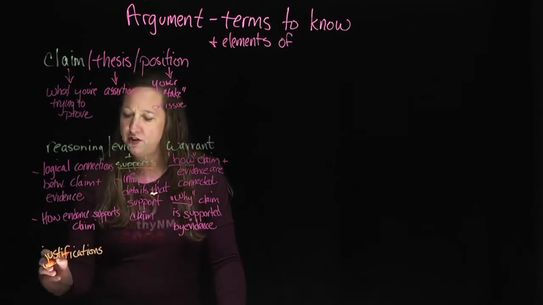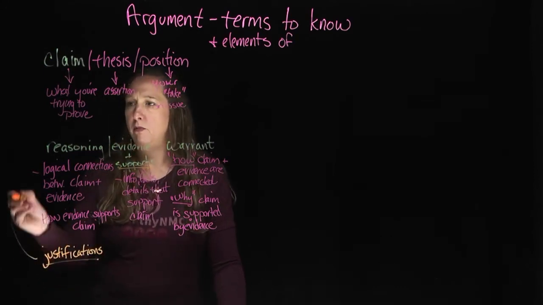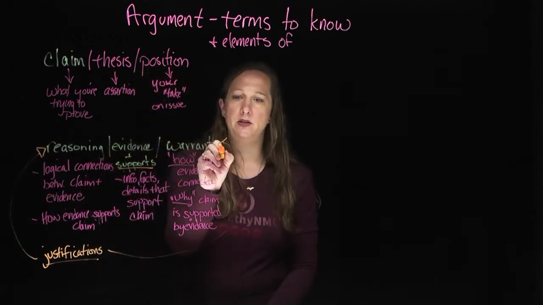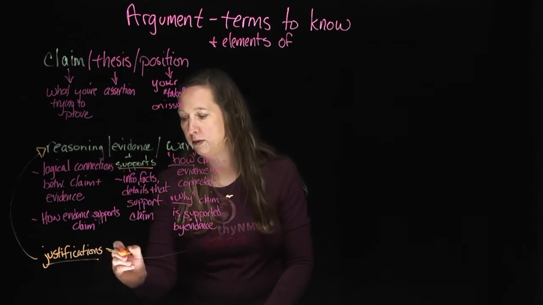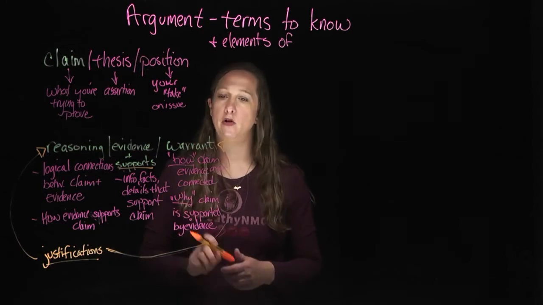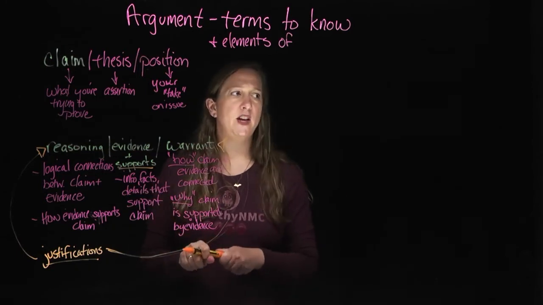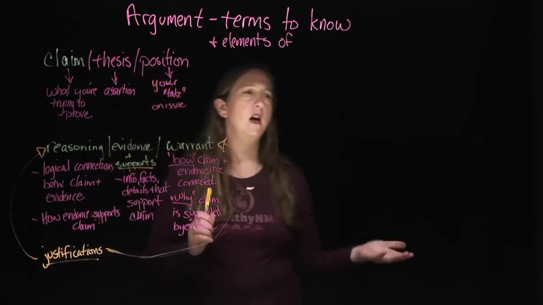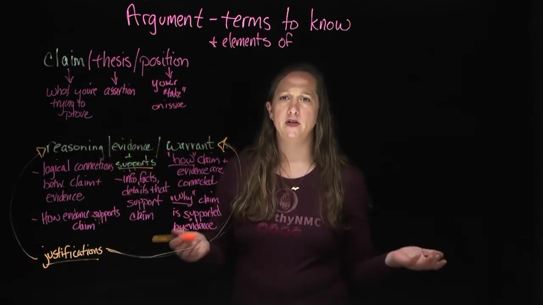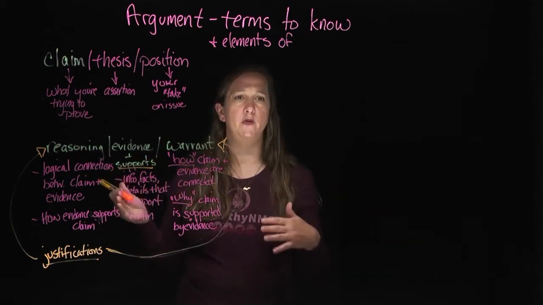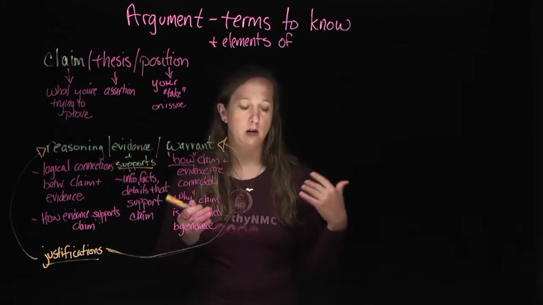Justifications here may refer to your reasoning, and it may refer to your warrant, just depending on how the word is being used. It's not a very good arrow, but you get the idea. It's most often your reasoning is your justifications, but your warrant can definitely fall into that. Justifications is a much broader term than when we talk specifically in argumentative writing about reasoning and warrant.